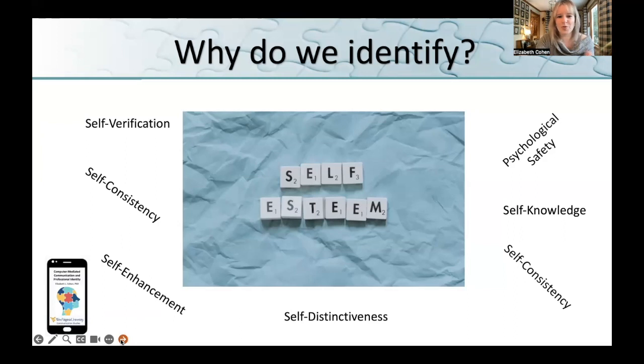And I have all these little words up here that all get at a similar theme, which is that it makes us feel good to have identities, to have these memberships. Part of it is self-enhancement, self-distinctiveness, which I know you're wondering, how could conformity, saying that I belong, be distinctiveness?